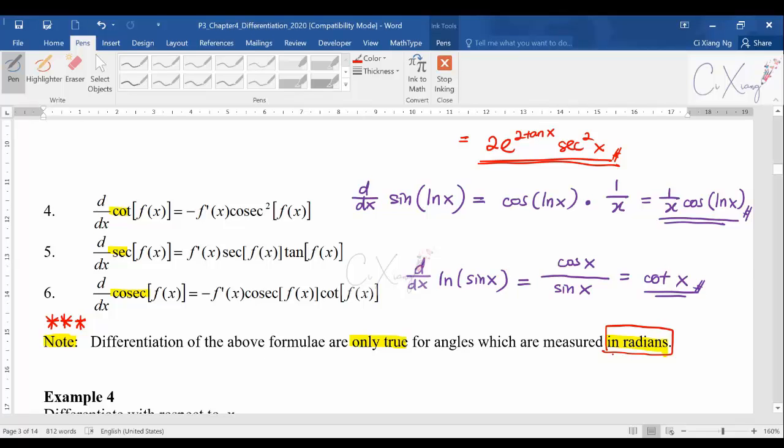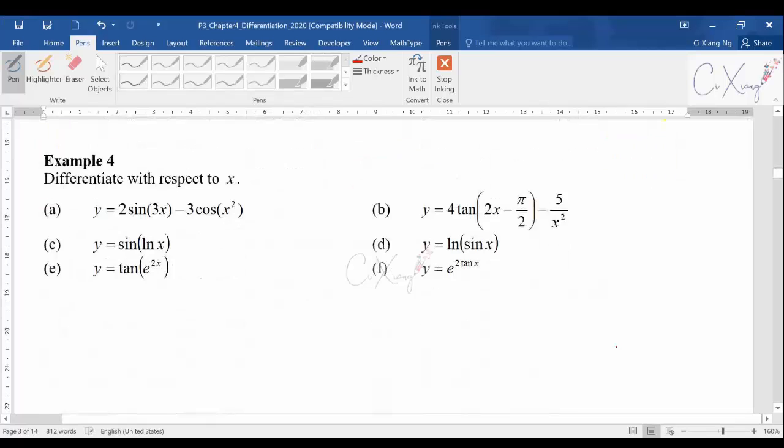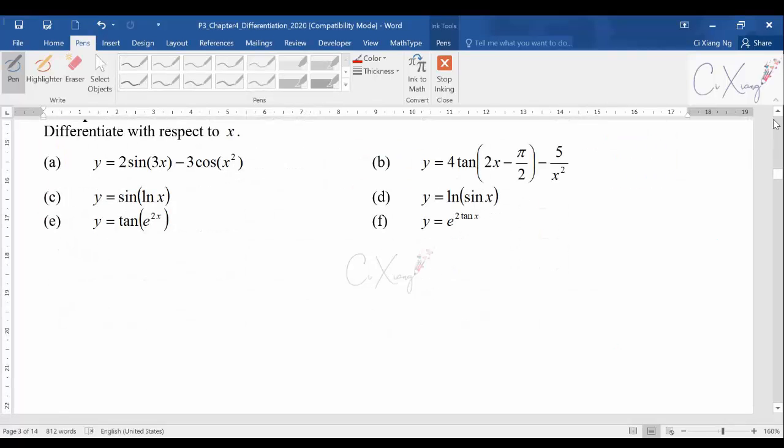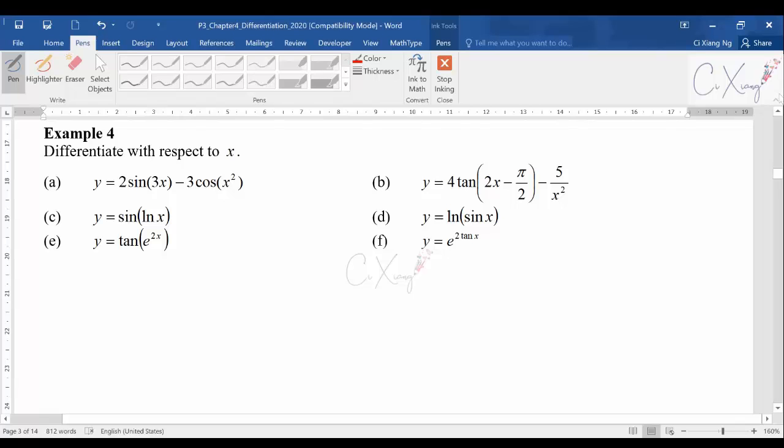Now let's have a look at example 4. Example 4 will be something very basic. I will just let you try it out on your own, and then I only give you the final answer. If you cannot get the answer, please let me know, and then maybe I can figure out which step you did wrongly. For part A, this is what you should have.